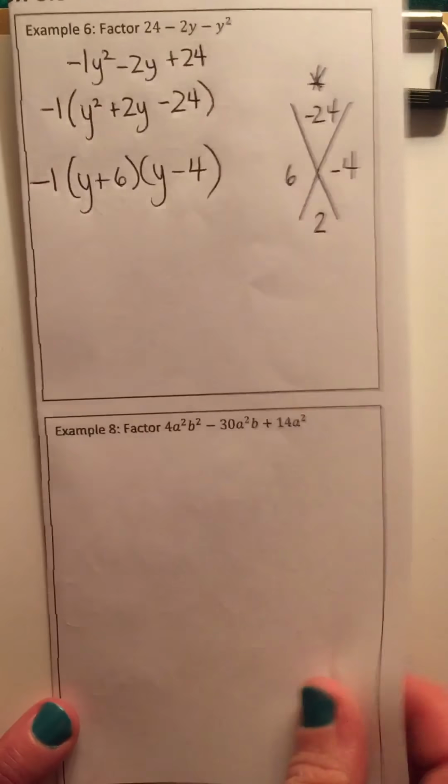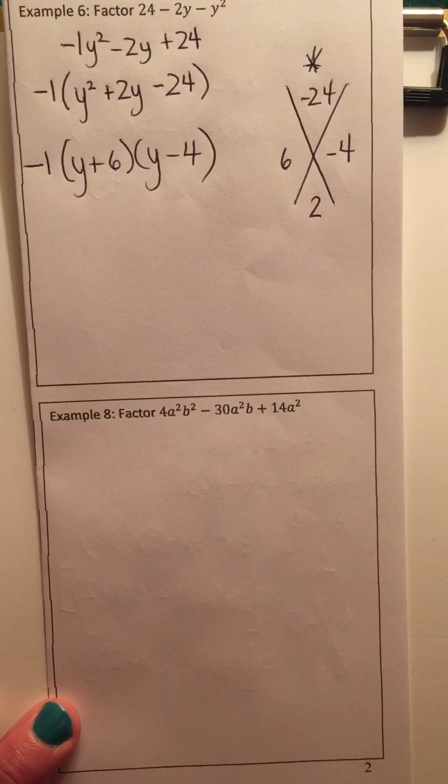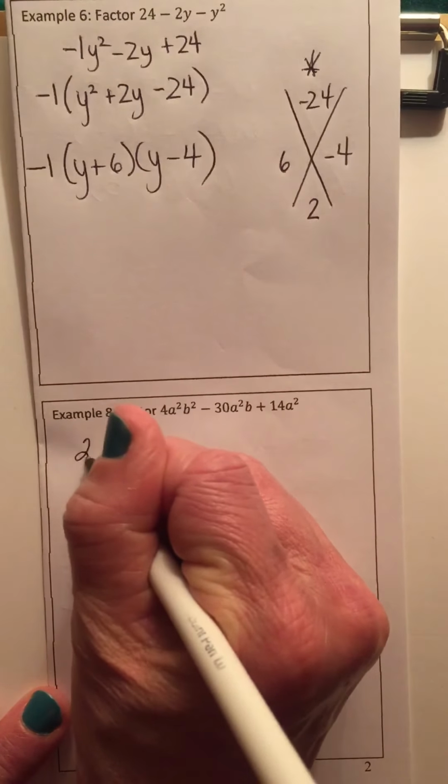Example 8. Okay, 4a squared b squared minus 30a squared b plus 14a squared. Is there a greatest common factor to factor out? And that answer is yes. We can factor out a 2a squared.